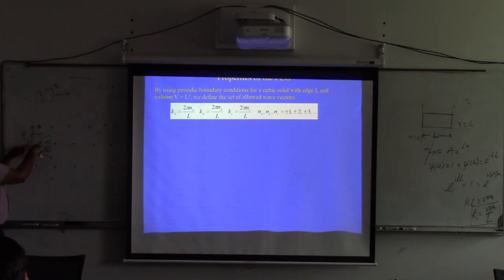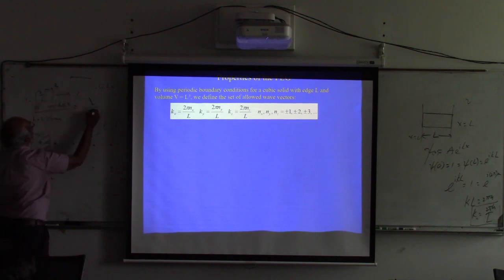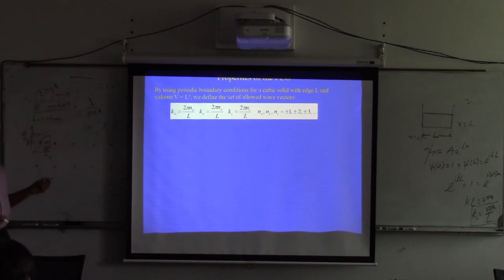Because it corresponds to one mode, you can find the number of modes per unit volume of k space, which is the inverse of that: L cubed, meaning V, divided by 8π cubed. We did this before, right? So this is the number of modes per unit k volume.